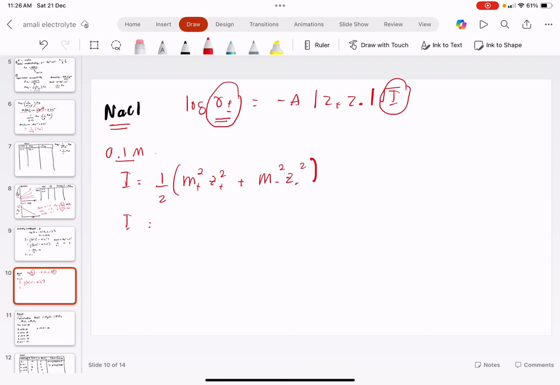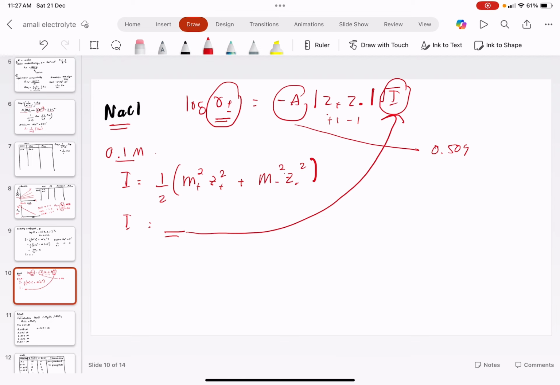So you can determine the ionic strength, then plug it into this equation. Z plus Z minus will be plus 1 minus 1, and the constant A would be 0.509. Then you can determine the activity coefficient for 0.1 molar NaCl.